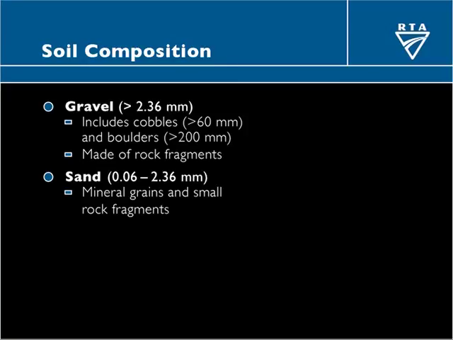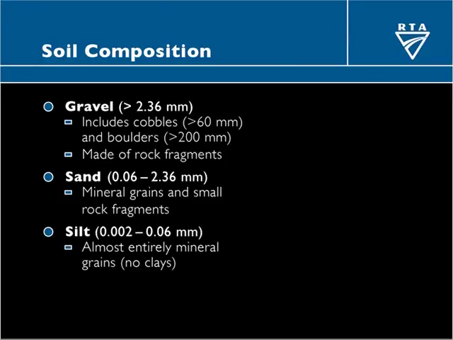Now that's about the width of a human hair, and it's the smallest thing you can actually see with the naked eye in most cases. Depends a bit on the quality of your eyesight, but generally that's about it. And sand is composed of both mineral grains and small rock fragments.